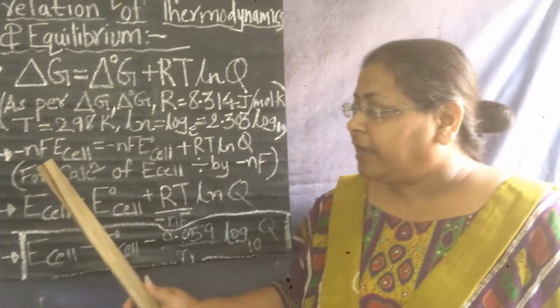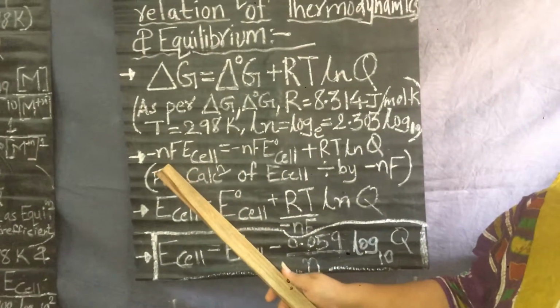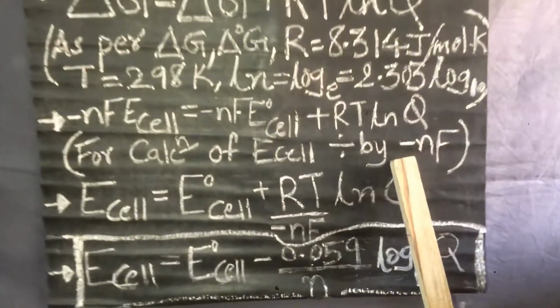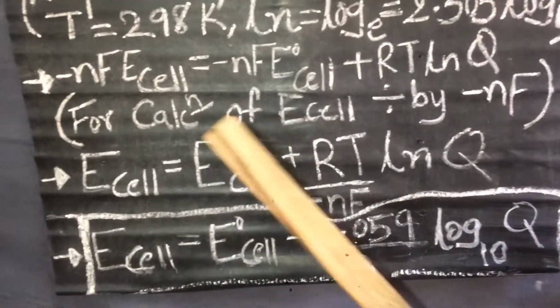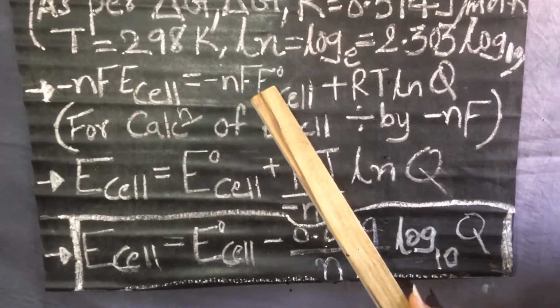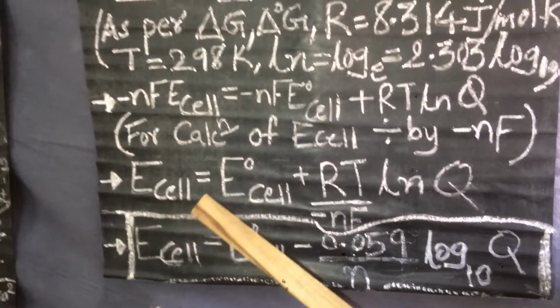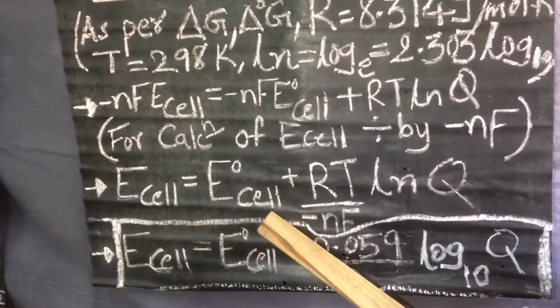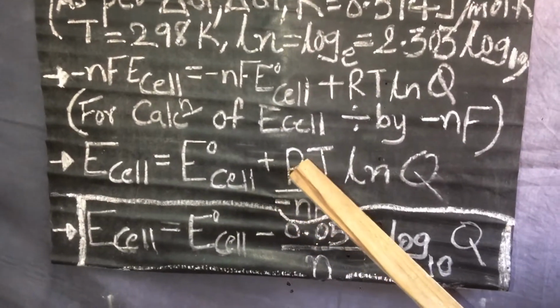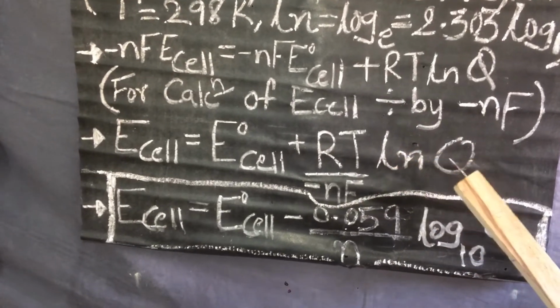So, if we divide this whole equation by minus nF, dividing all three terms, what will we get? Dividing by minus nF, we will get E cell is equal to E standard cell plus RT upon minus nF ln Q.